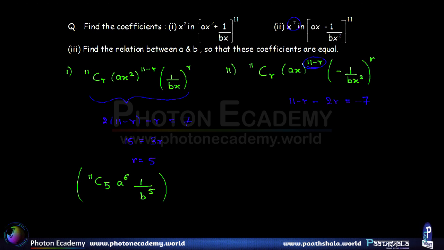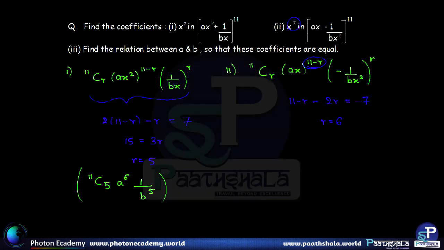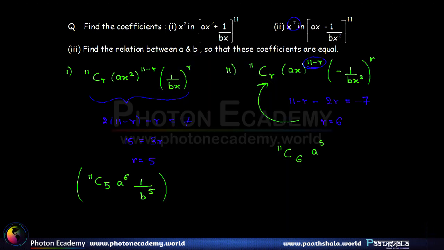So 18 is equal to 3r, so r is basically equal to 6. Okay, so we can again substitute this over here and find out the coefficient of x raised to minus 7. So that is 11C6, and then a raised to 5 and 1 upon b raised to 6.